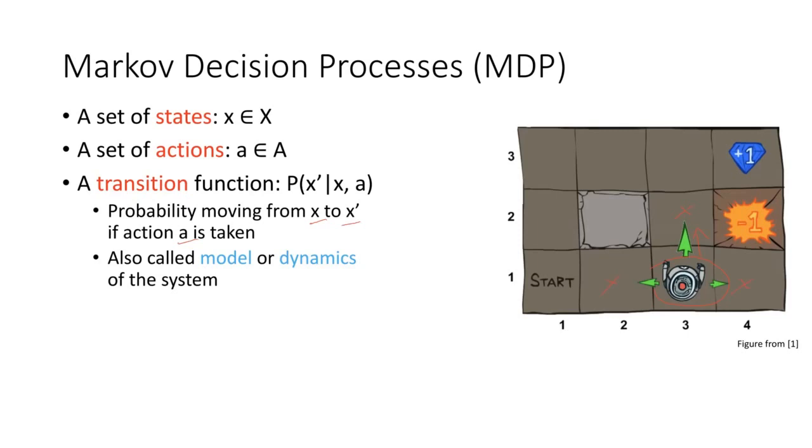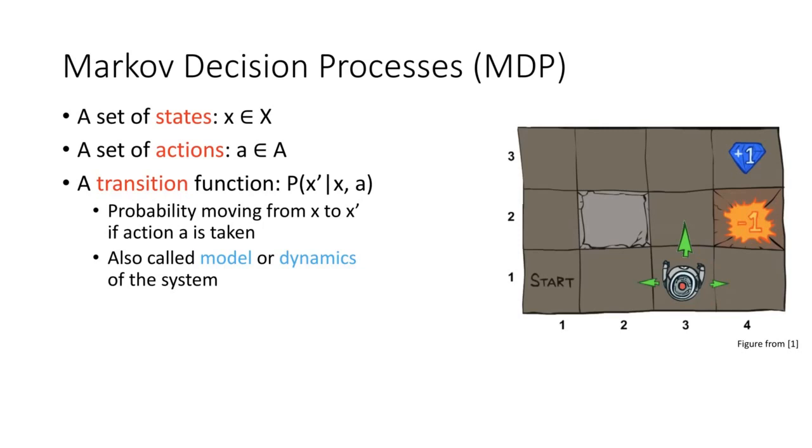And similarly, if the agent is here and takes an action forward, reaching this particular state is 0. Similarly, you can assign a probability of the agent moving to a given state from any other state by taking any other action. That is essentially called the transition probability function.